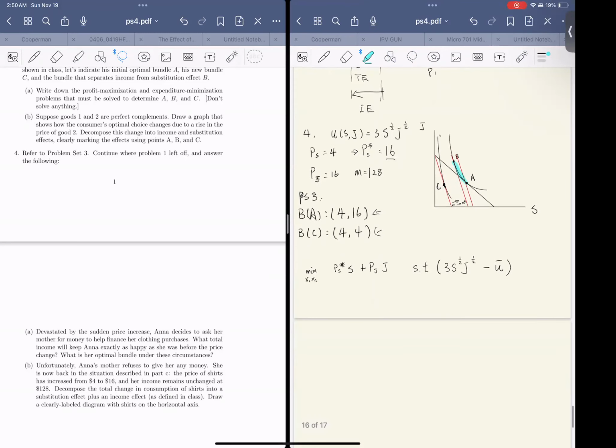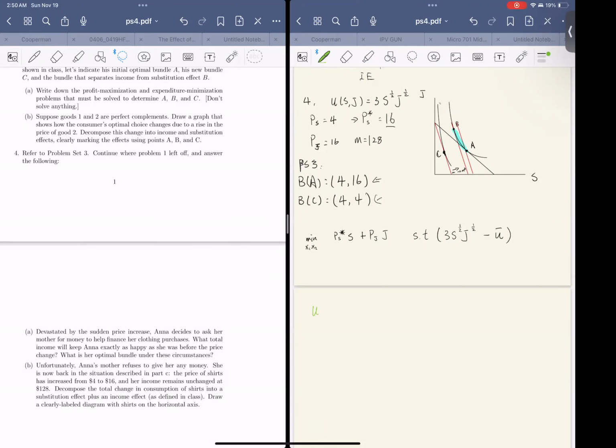My utility at point A is 3 times, what's S?